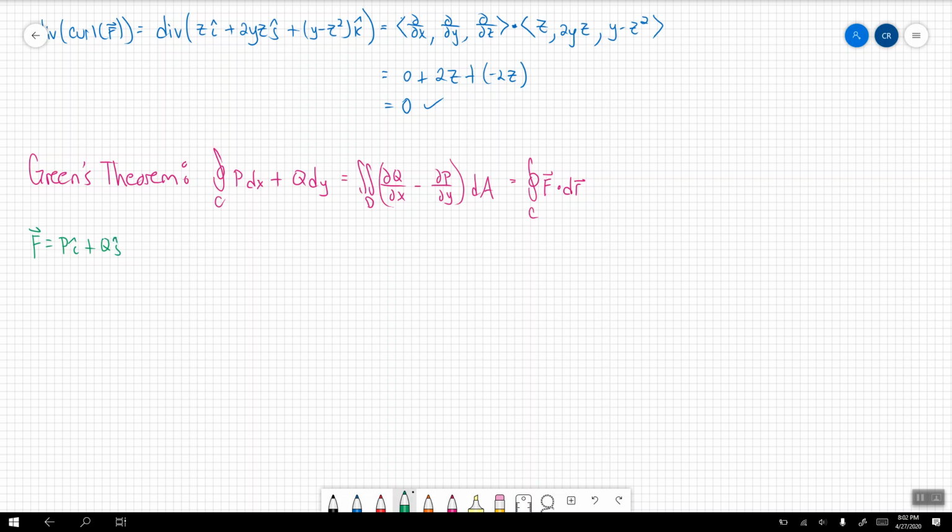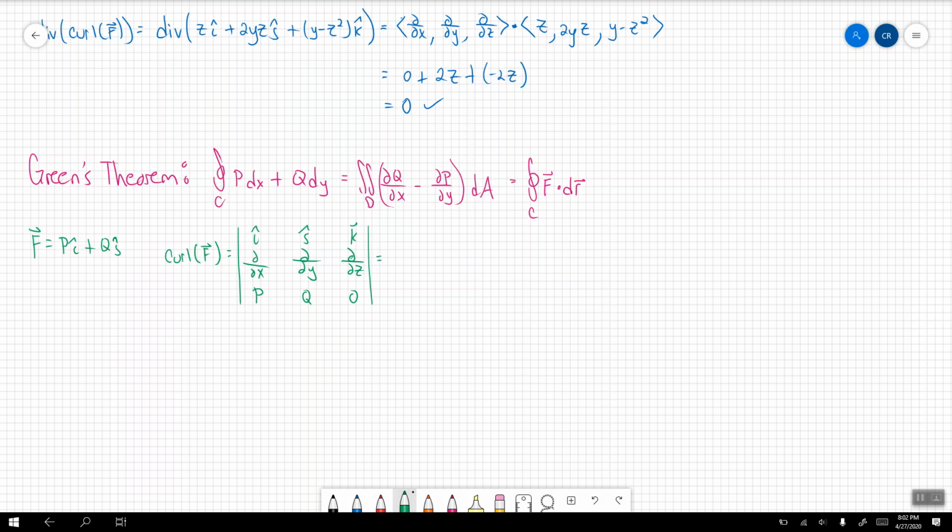And when this happens, again, Green's theorem is going to be satisfied. So when I look at the curl for this vector field, these are the i, j, and k components, notice that I'm going to be taking the cross product, so those are the operators, and then this is going to be of p, q, and 0. And again, 0 because we're only working with this R space 2 vector field.